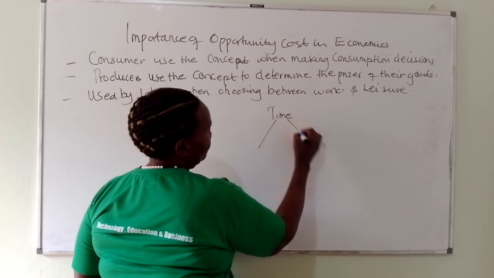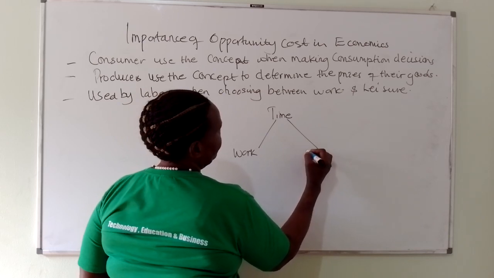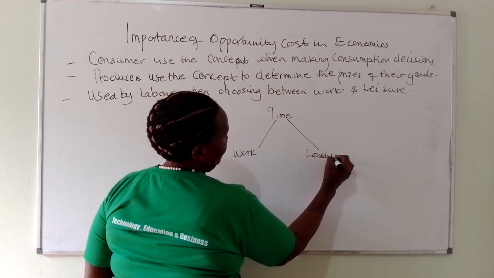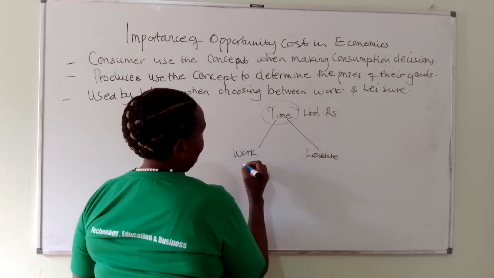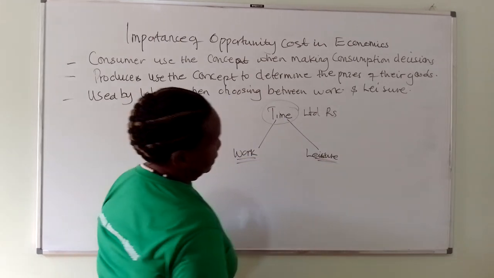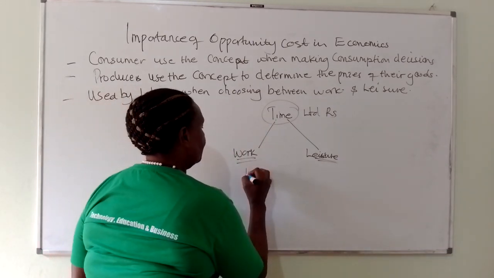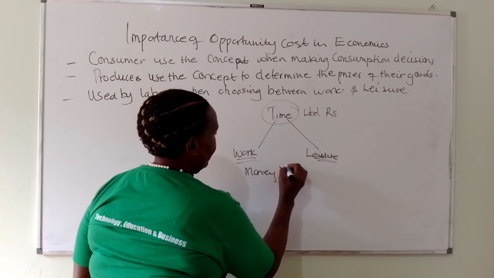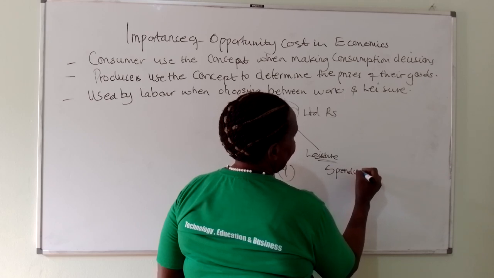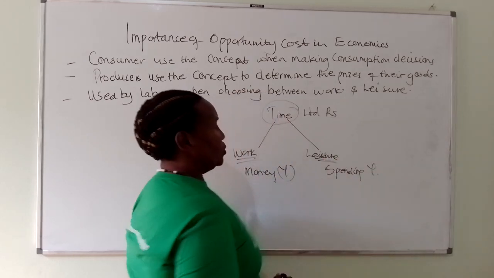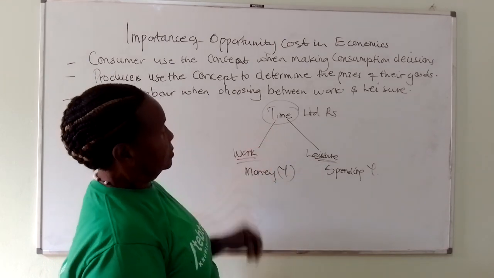You can allocate your time either to work, and that same time you can allocate it for your leisure. This is your limited resource, and these are the wants or needs of you as a laborer. Either you use your time to work, and whenever you work, you are able to get more money or a higher income. But when you are on leisure, you are simply spending money, but at least that leisure makes you relax and so on.